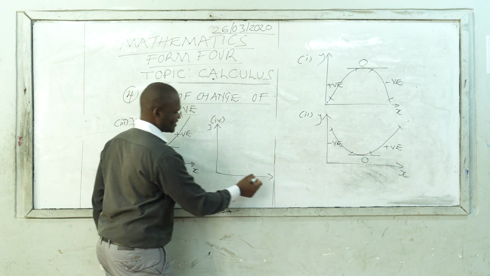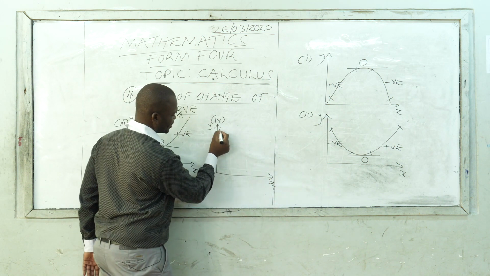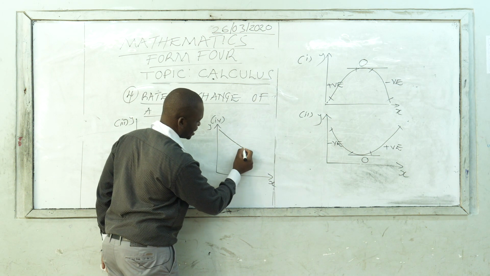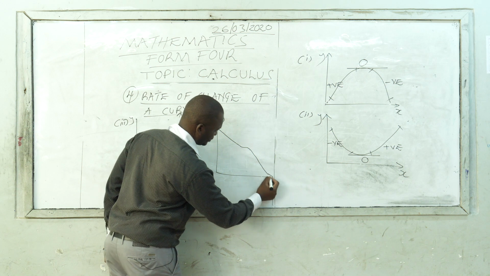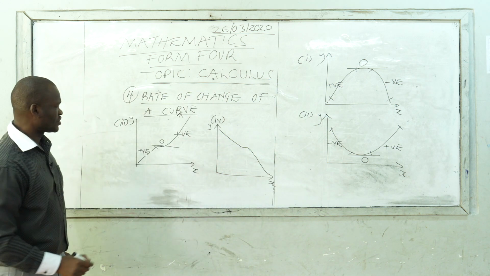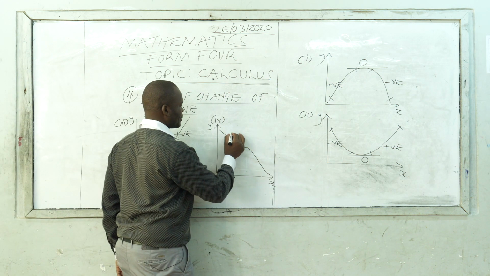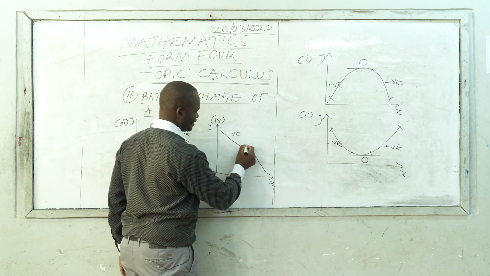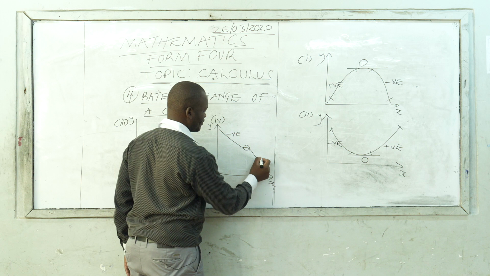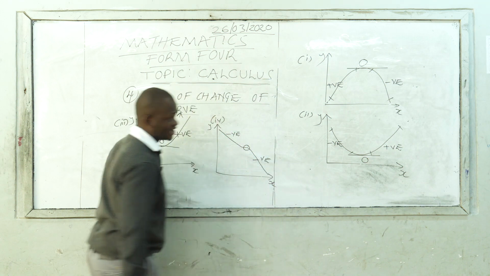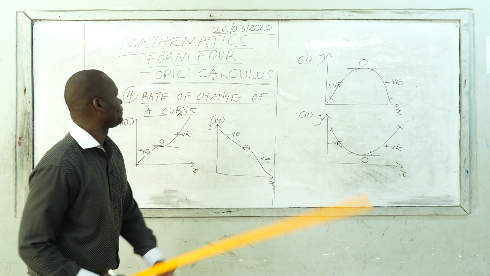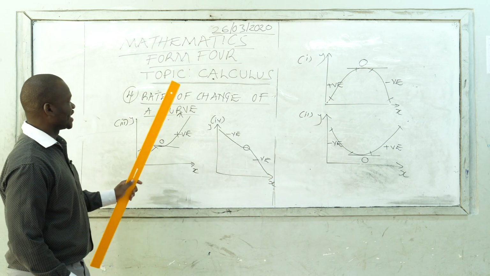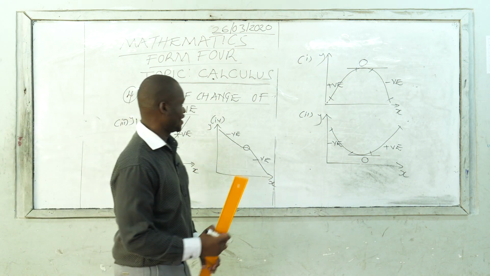Again, y-axis, x-axis. So we have that inclination, we have a turning, then maintaining the original trend. So what we have here? We have negative gradient. We have 0 gradient. We have negative gradient. So these are the 4 different variations which the gradient of a curve can take.